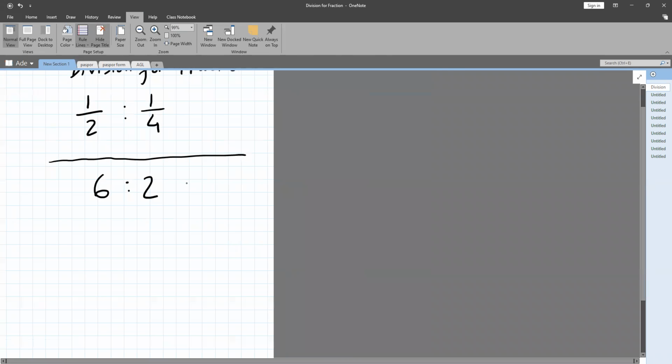So now if you look at this example, you can think of 6 as a count: how many parts of 2 are in 6? How many 2's?